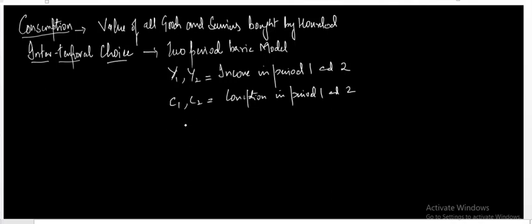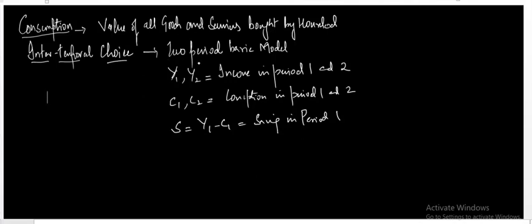Then we have this S, and this is going to be y1 minus c1, which is going to be savings in period 1. I did not use S1 and S2 over here because we assume that we are only living for two periods, period 1 and period 2, and we are not going to live after period 2, which means that we are going to consume everything in period 2.